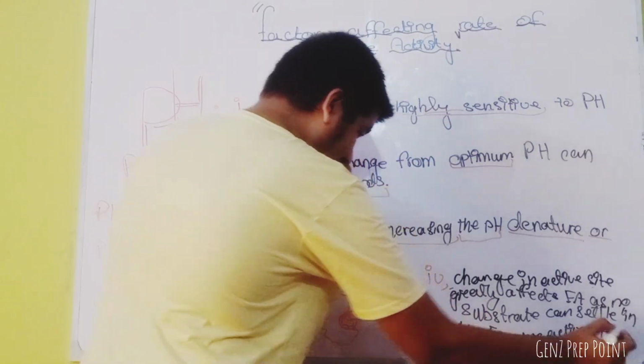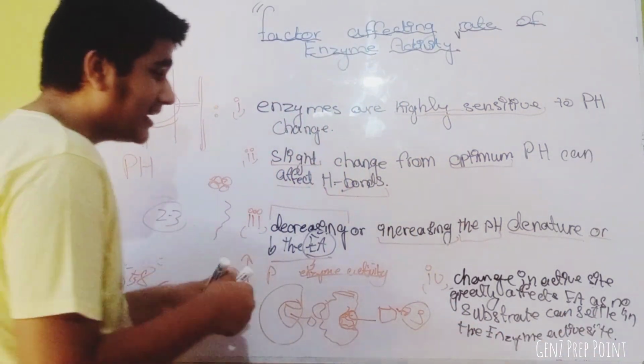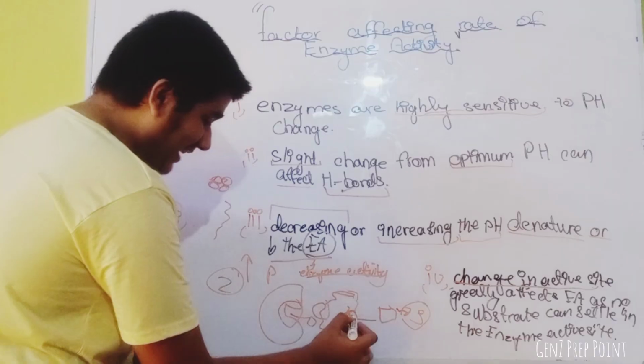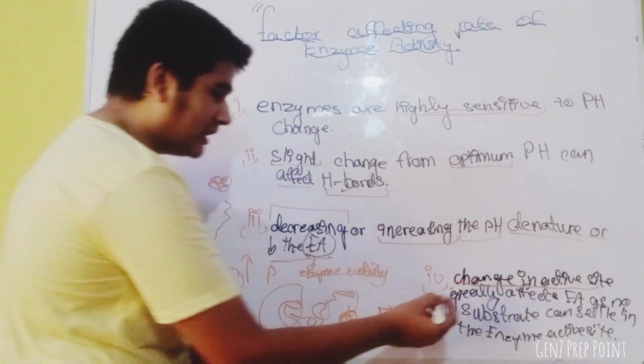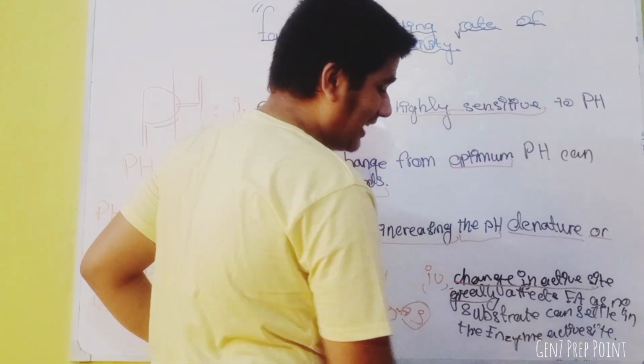I hope you all understand what I meant to say in this sentence. Change in active site. This active site has changed greatly, and that can affect the enzyme activity.